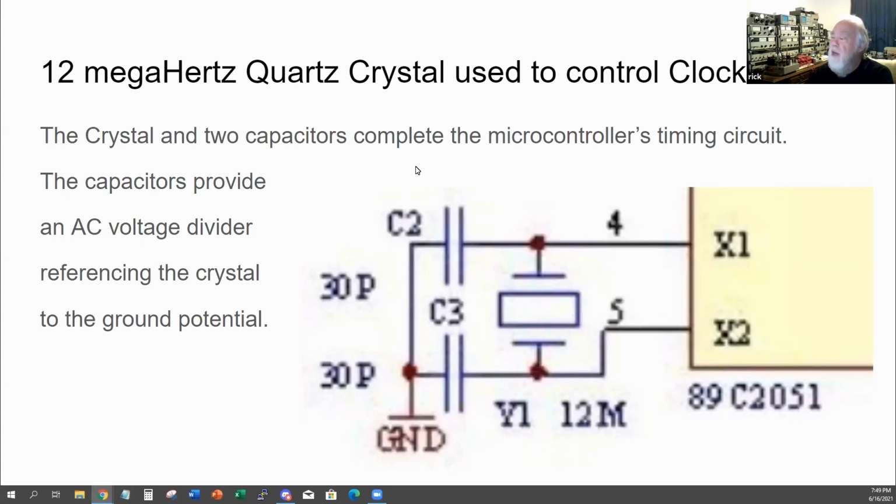Microfarad is the standard value for most capacitors used in electronics, but for something that's this fast switching, you need a very, very small capacitor. And this is a 30 picofarad, which is 30 millionths of a microfarad.